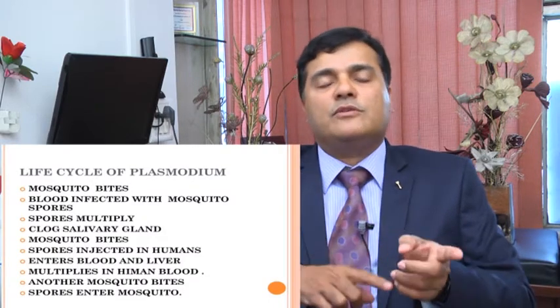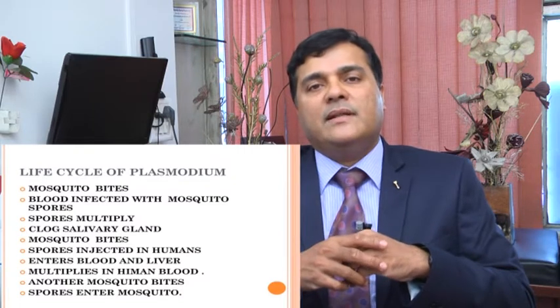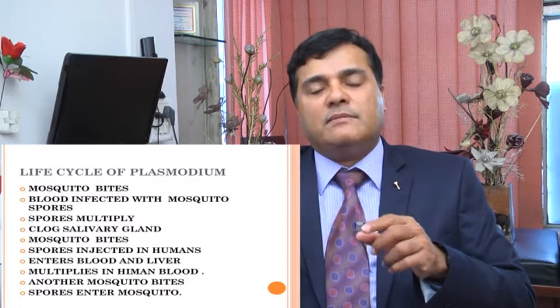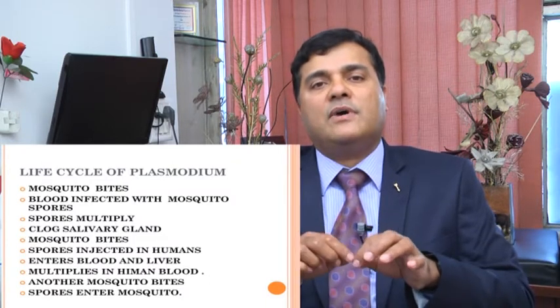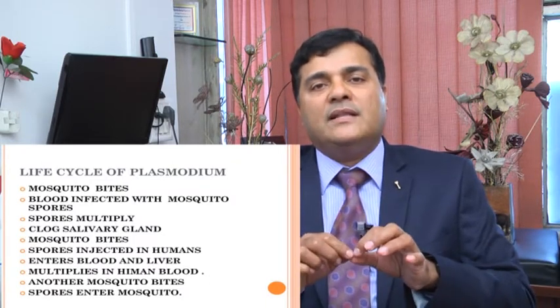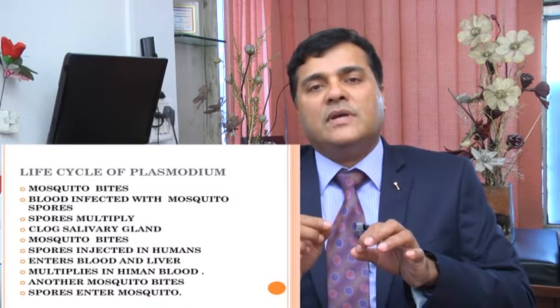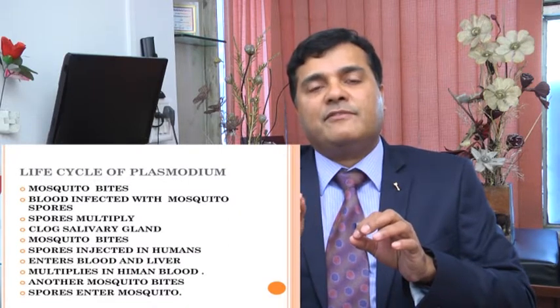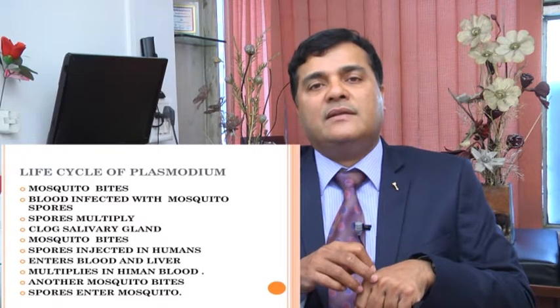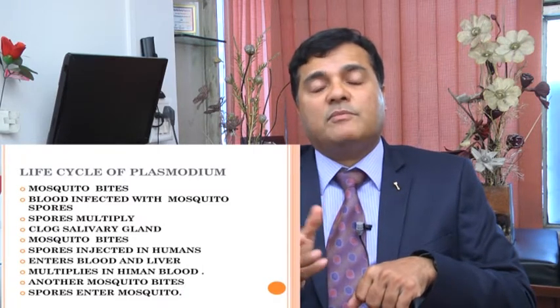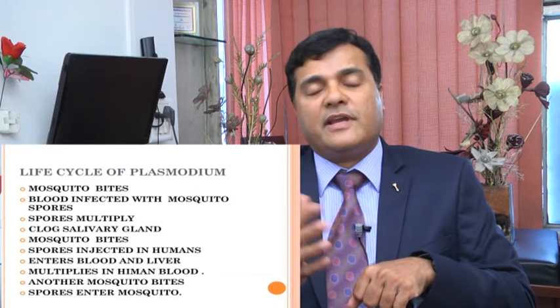And when this mosquito again bites a human being through the saliva, first it injects some saliva into our skin. That saliva acts as an anesthetic so that we don't feel the pain of the mosquito bite, and therefore many times the mosquito bites us and we are just not aware of it.